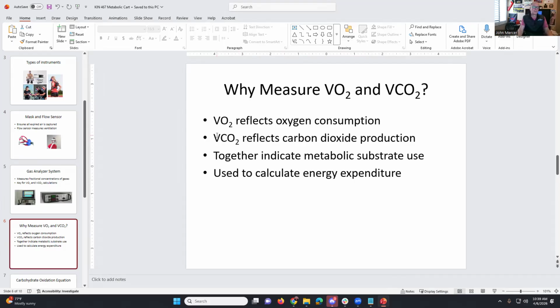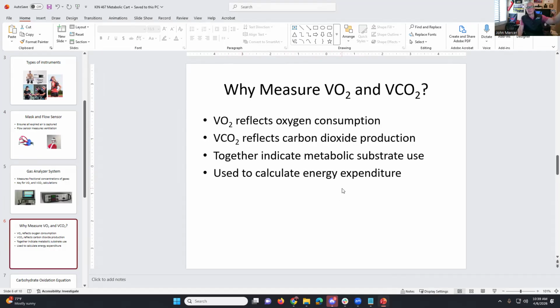Again, I need to put a dot over the V to talk about rate of carbon dioxide production, or we can talk about just volume of carbon dioxide.